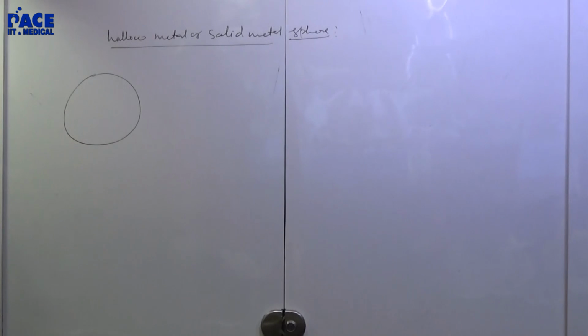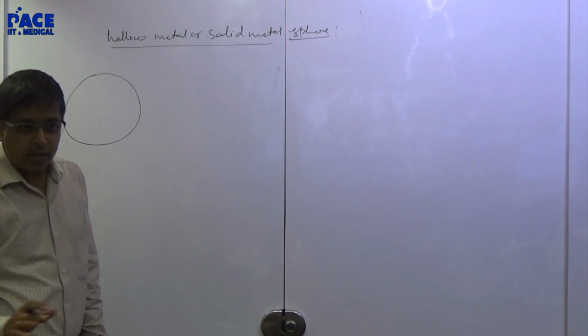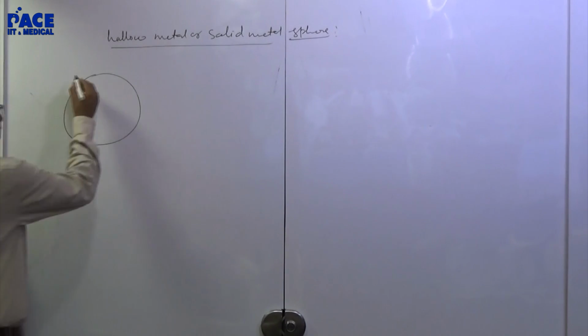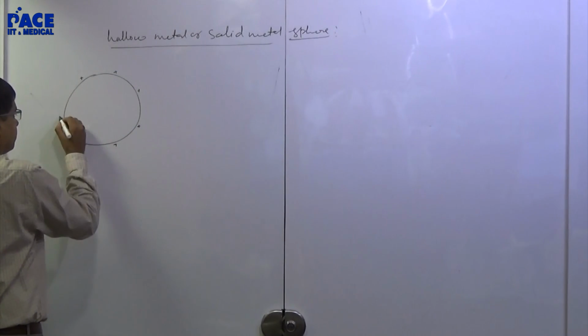In either of the two cases, you told me the field inside will be zero. You have derived this in gravitation, you have derived this in electrostatics, using Gauss law. But let us understand what is the mechanism that is happening here.